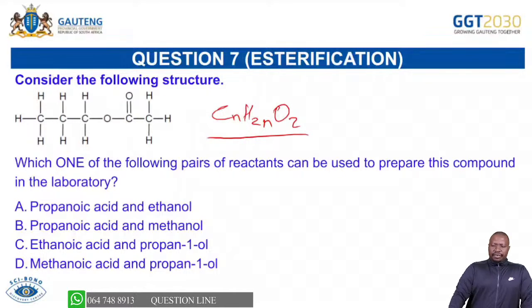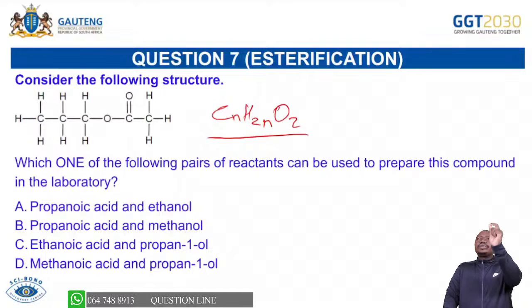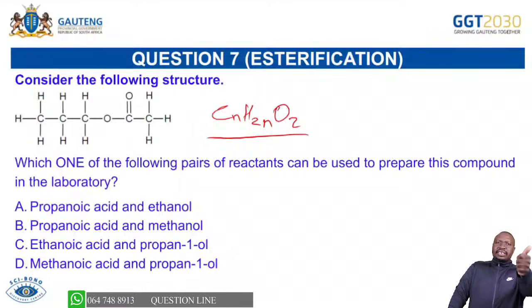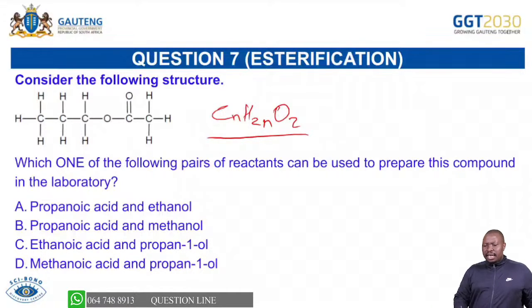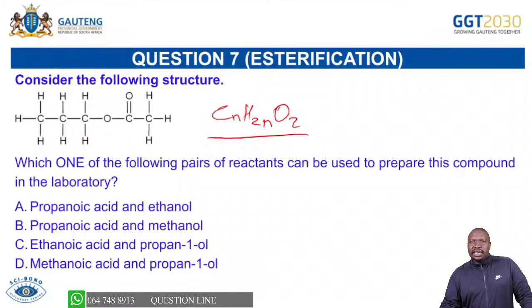That one you know for a fact that as long as there are 2 oxygens, it's either an ester or a carboxylic acid. As you go to the exam, you have that in mind: 2 oxygens, ester or carboxylic acid. So immediately you see 2 oxygens within the structure. If it's within the structure like that, it's an ester. But if it's COOH at the beginning, carbon number 1, we refer to that as a carboxylic acid. So this will be an ester.